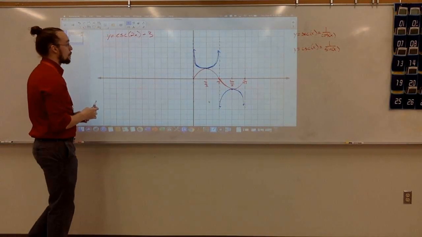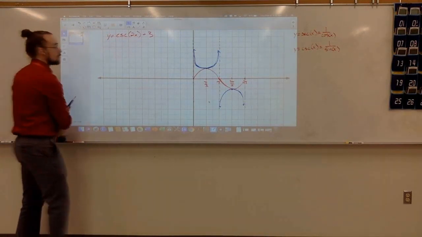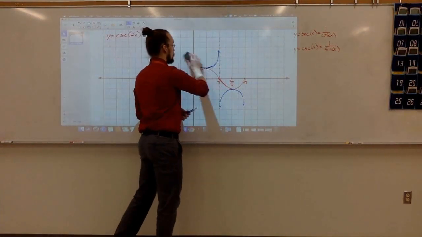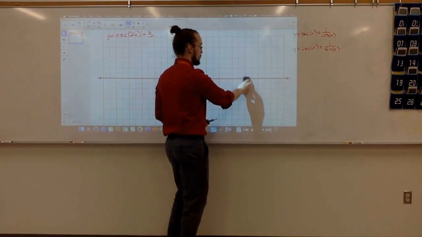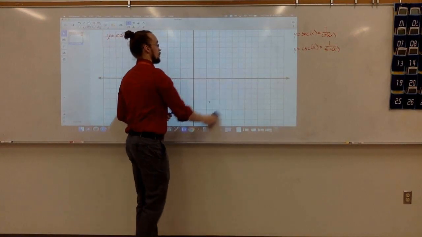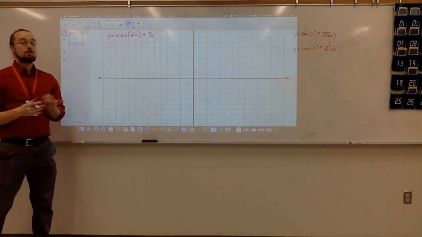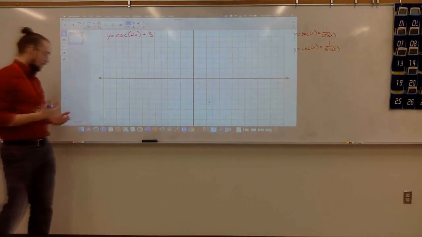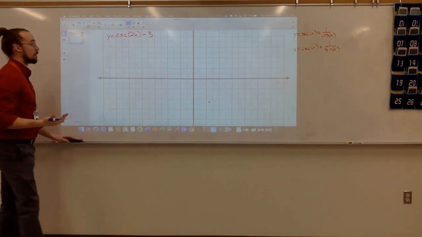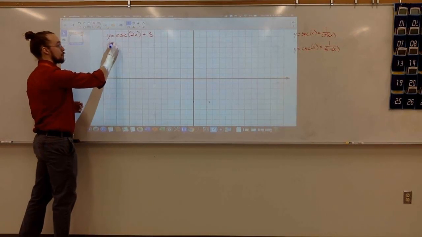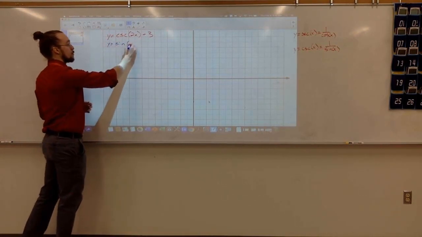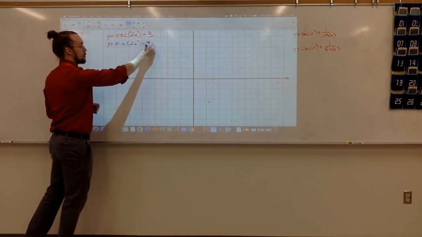To do that, what we want to do is first graph the corresponding sine curve. For secant, we would graph the corresponding cosine curve. For cosecant, we're going to graph the corresponding sine curve. So the first thing I want to do is just graph y equals sine of 2x plus 3.